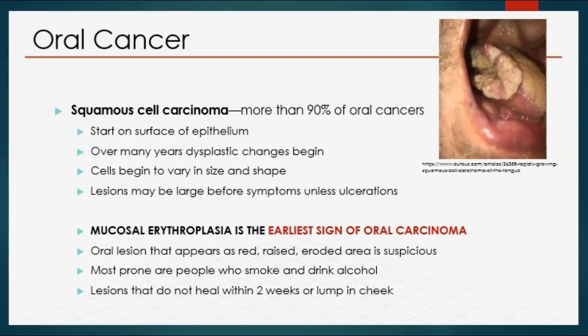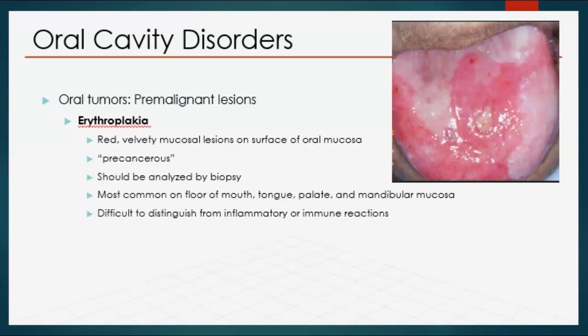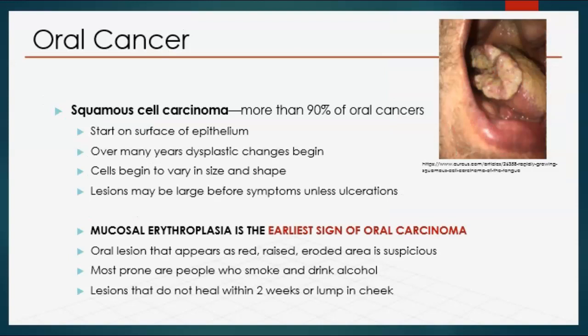The cells begin to vary in shape and size, and lesions can be large before they have symptoms. So that erythroplasia that you just saw, I'll go back to that so you can see it again, mucosal erythroplasia is the earliest sign of oral cancer. So there's that. And then here's the squamous cell carcinoma.